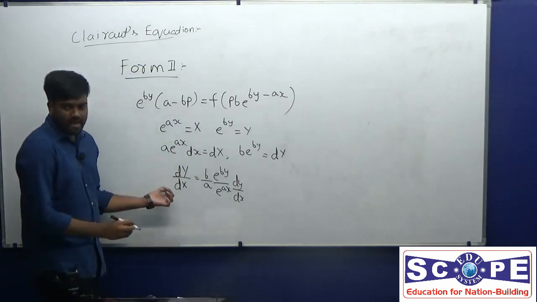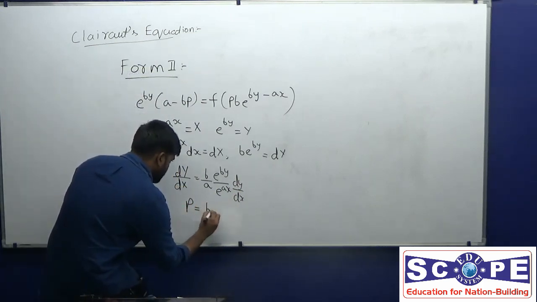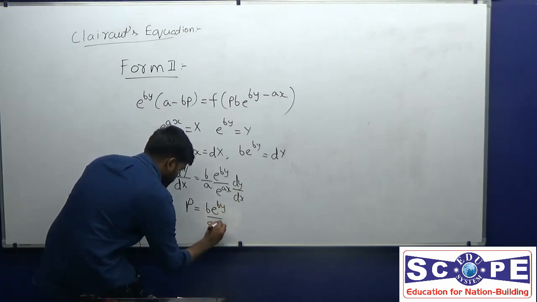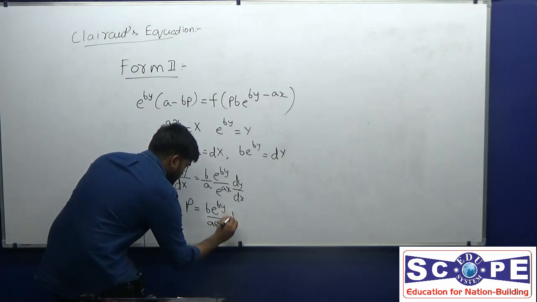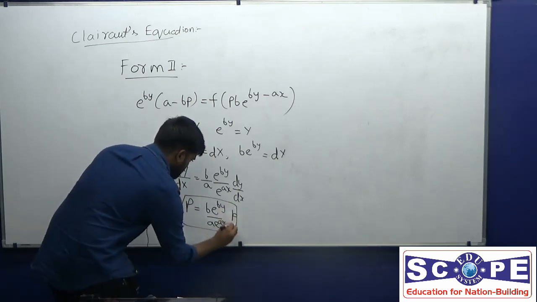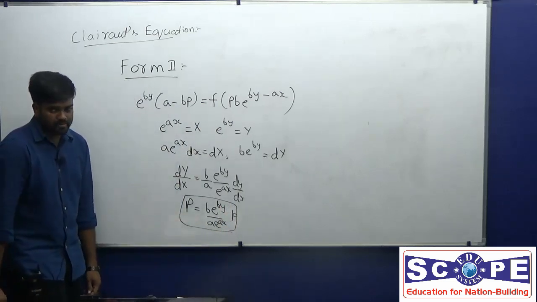In this case, this is capital P and this is small p. So capital P equals b e power by by a e power ax into small p, and vice versa, small p equals a e power ax by b e power by into capital P.